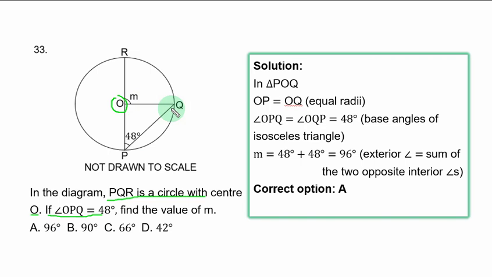By that, triangle POQ is an isosceles triangle. So you have the base angles equal. So if here is 48, here is also 48.